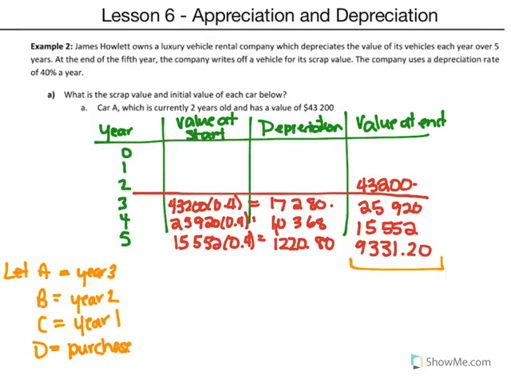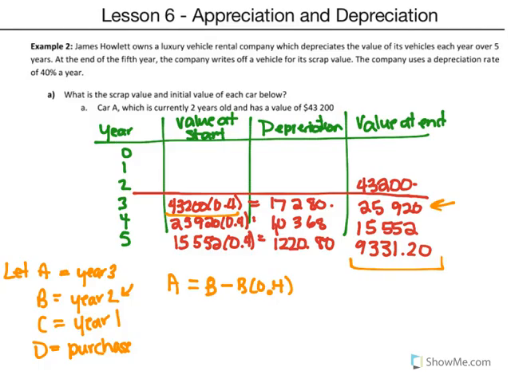So if we were to think about this, to figure out A, which is year 3, right here, we took year B and we subtracted year B times 0.4.